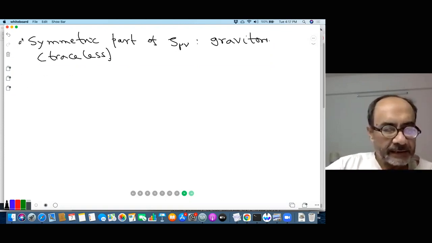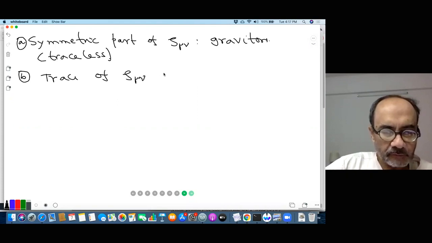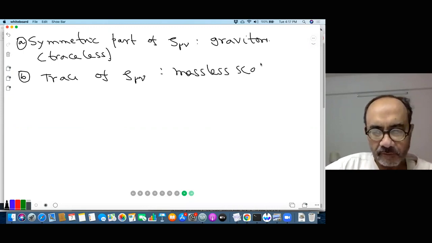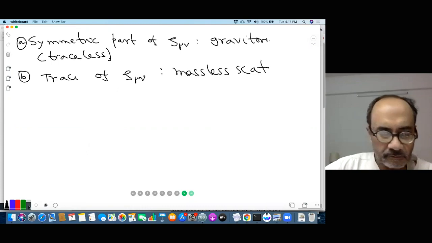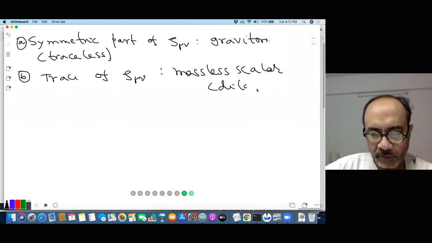Then the trace of zeta mu nu describes a massless scalar, which you also refer to often as a dilaton.